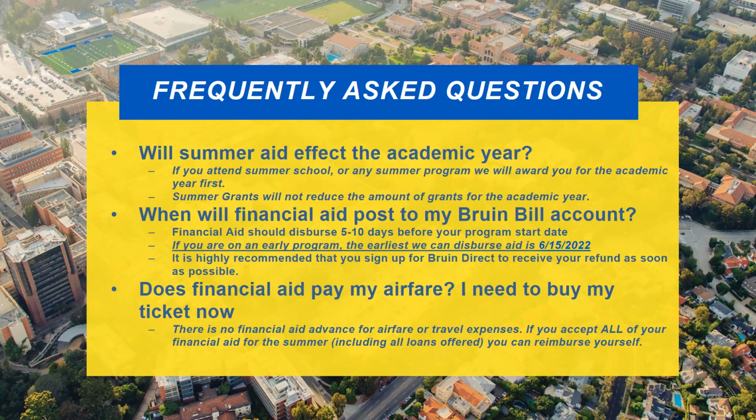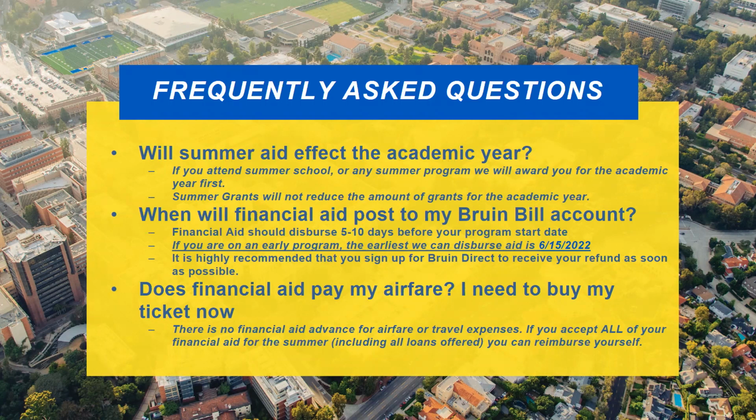Now, that also works against you because let's say your program begins June the 18th. June the 15th is the earliest that we can, that's less than the 10 days, but if we give it to you more than 10 days, say instead on June the 8th, that's during the spring quarter.